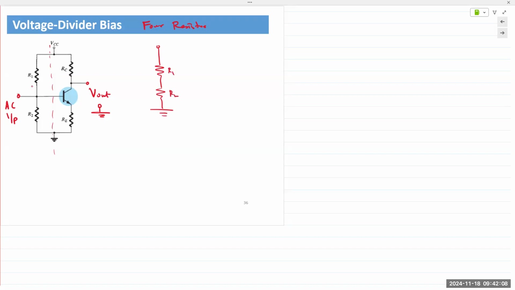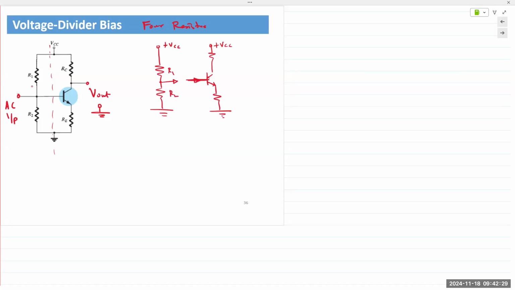R1, R2 plus VCC, and then you have the transistor plus VCC. And then, of course, the output of this network goes as input into the base.